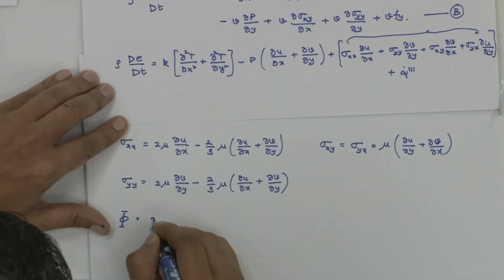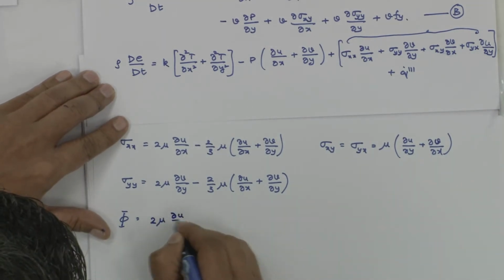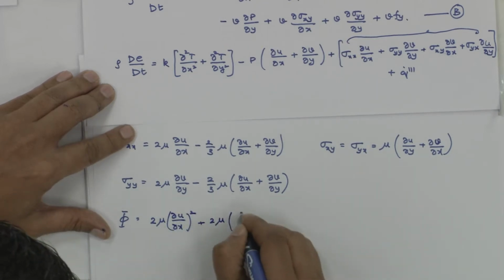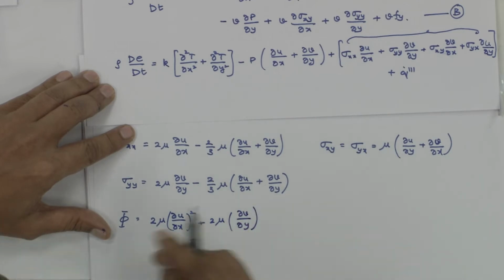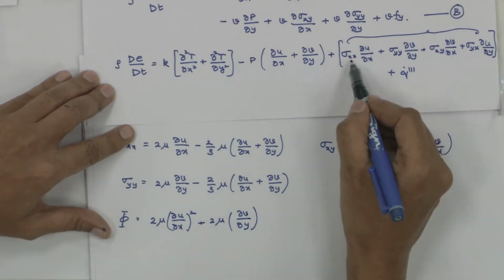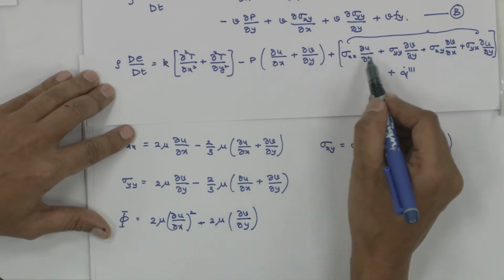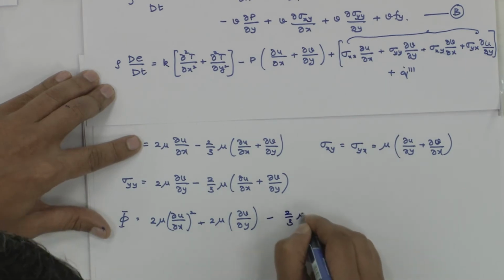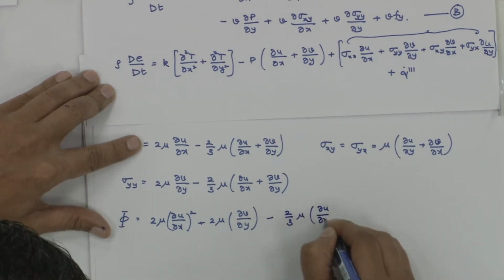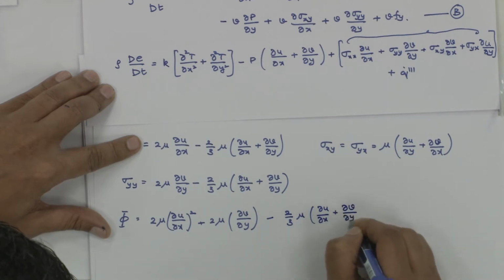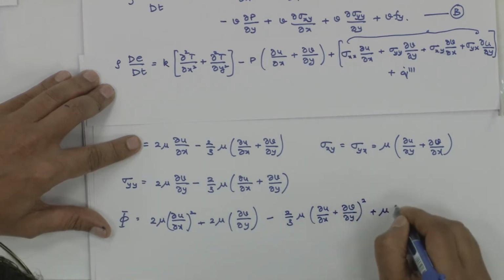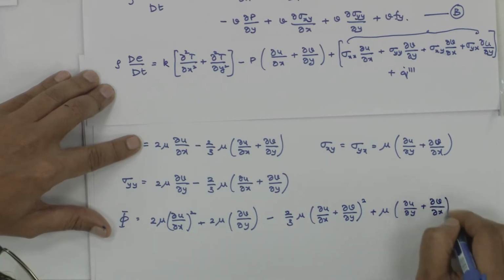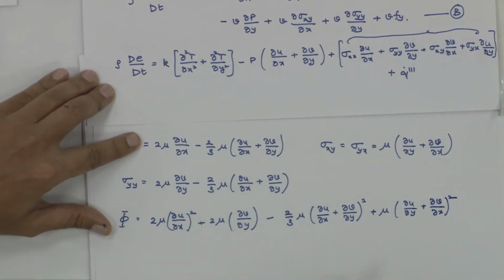Phi equals 2 mu (del u by del x) whole squared plus 2 mu (del v by del y) whole squared, because sigma xx is multiplied by del u by del x, so you get a whole square, minus 2 by 3 mu (del u by del x plus del v by del y) whole squared plus mu (del u by del y plus del v by del x) whole squared. So this is the viscous dissipation term.